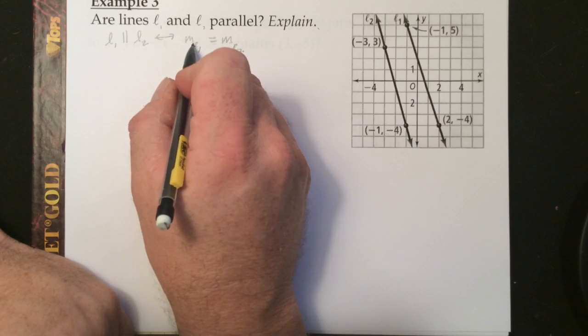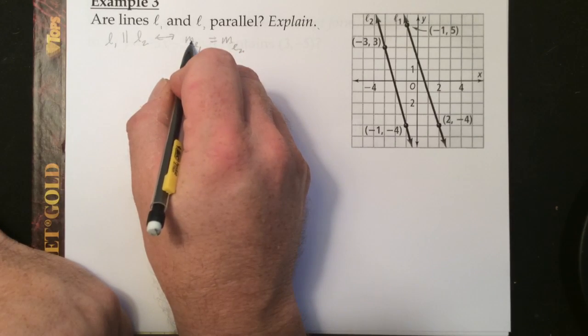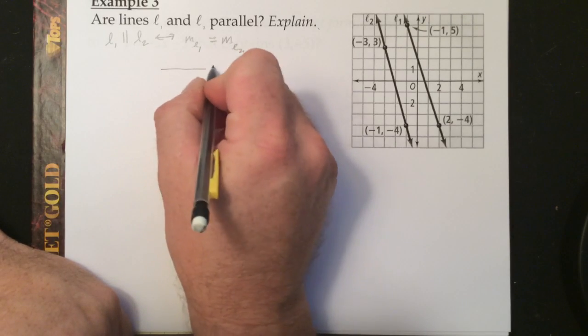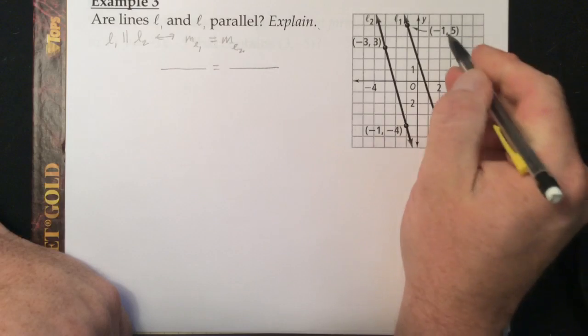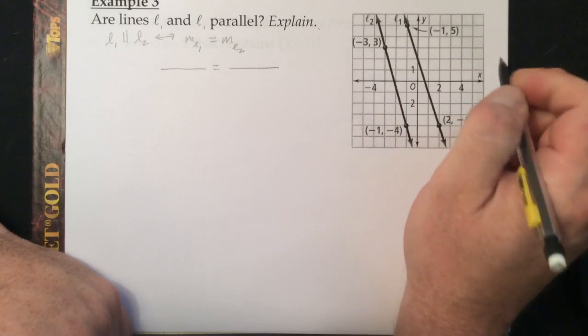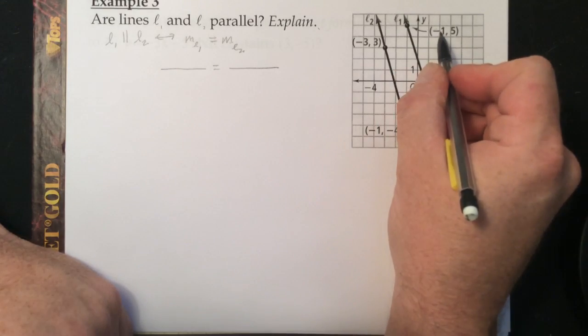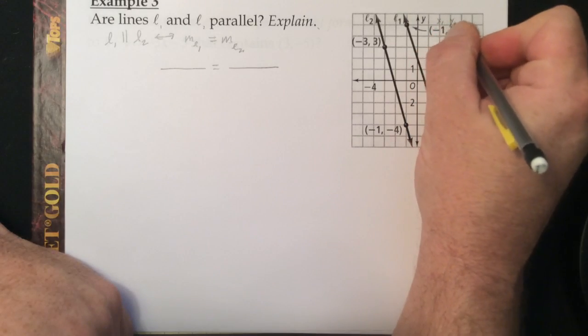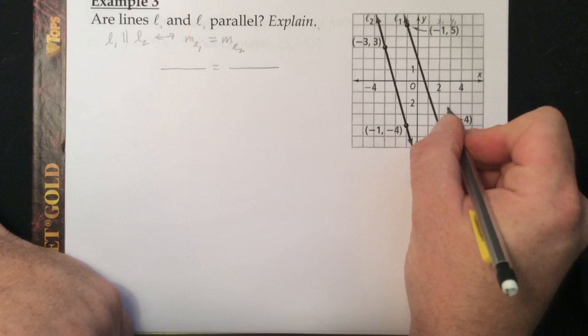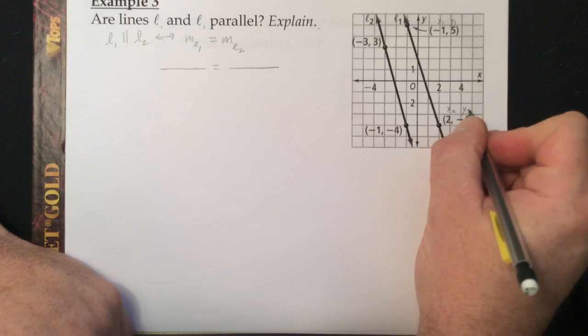So the slope formula, m stands for slope. I'm going to substitute in the slope for line 1. Line 1 over here has 2 points given to us, written on the line. I'm going to let this be my first point, this be my second point. So this would be x1, y1, and down here we have x2 and y2.